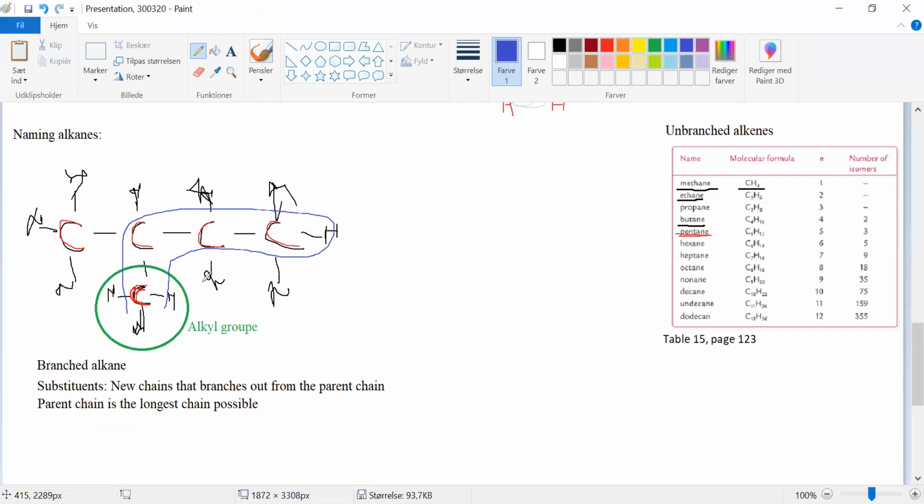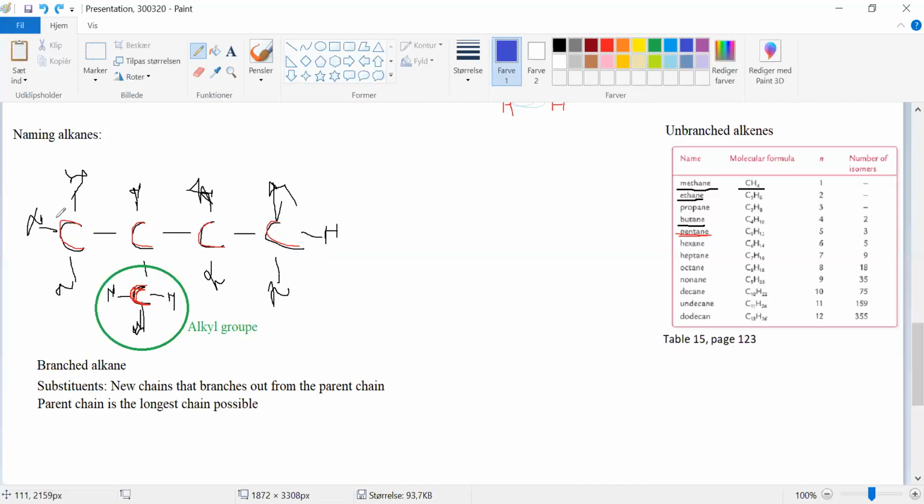We're not allowed to make the parent chain like this, because then we would go from this carbon to that one, down to this one, and then back again and continue. We're not allowed to do that. So the parent chain in this molecule here is 4 carbons.